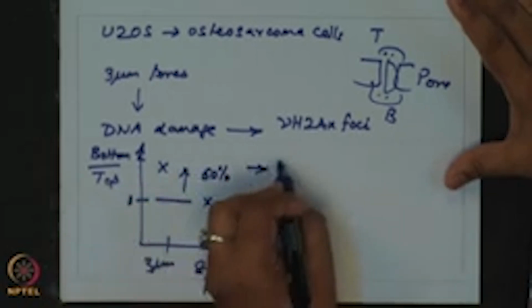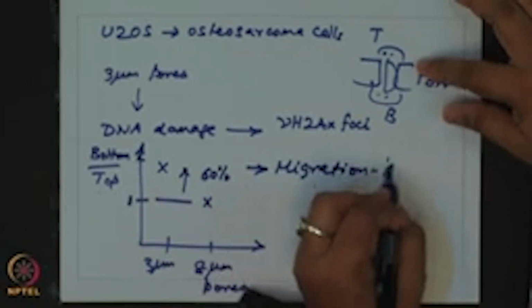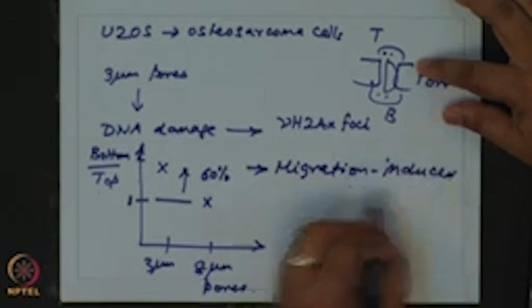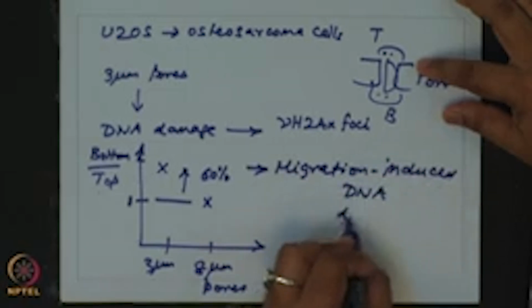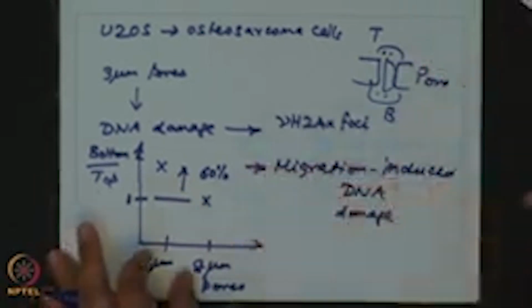So, this is completely migration induced DNA damage. They also observed this in other cells like mesenchymal stem cells.